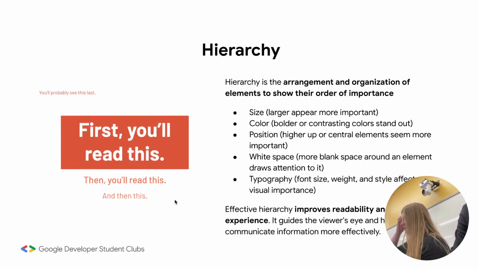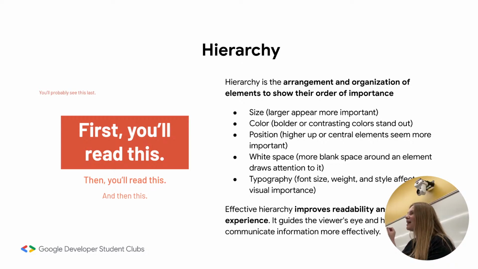So hierarchy is the arrangement and organization of elements to show their importance. It can be done with size, with color, with position, with white space, with typography, and you see it in newspapers with the massive heading and then a tinier subheading and then the super tiny body.